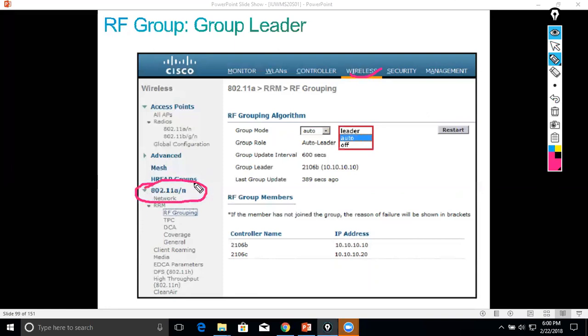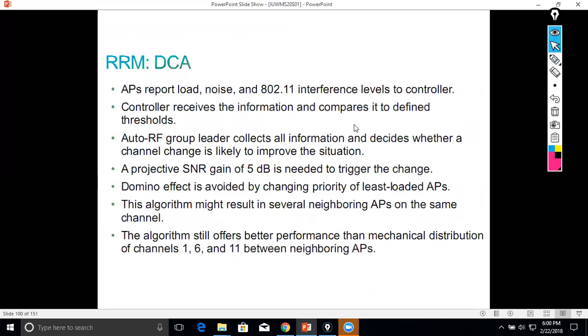We have two different radios, A/N and B/G/N. Both have the same options, but the data is different. In the RRM option we have RF group, and you configure it there. This is how you find the options where you can tweak some information.